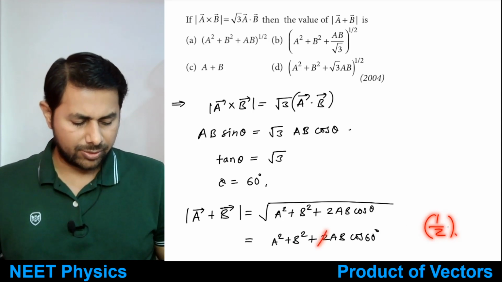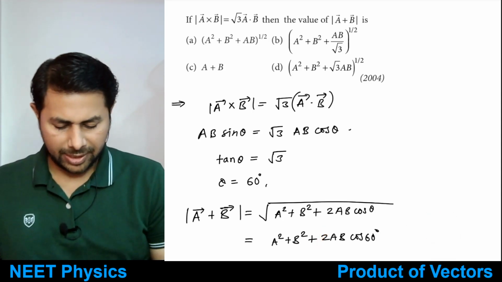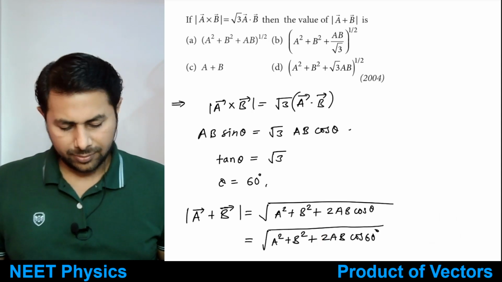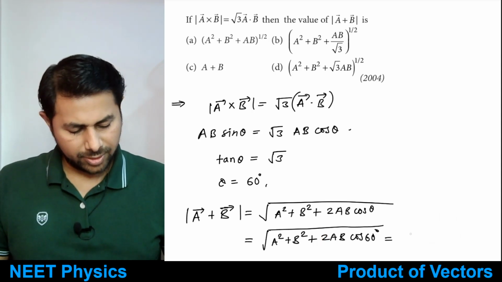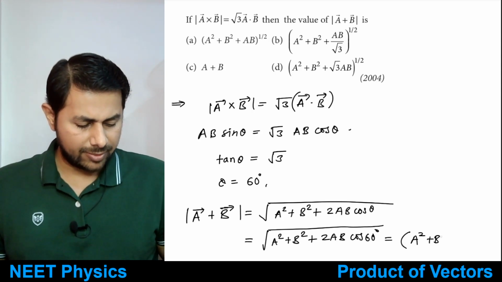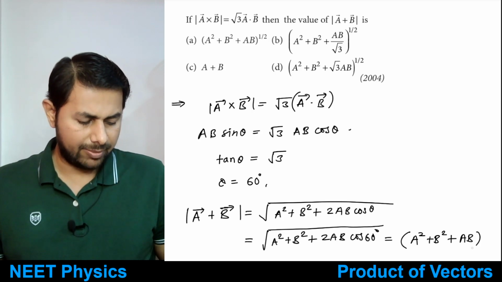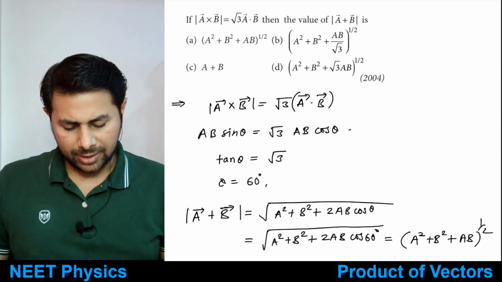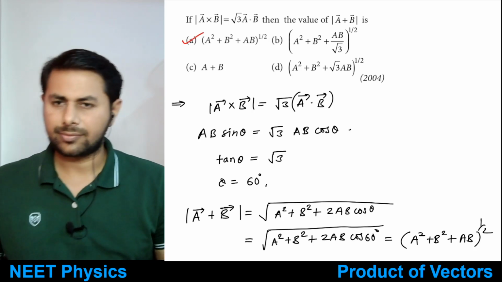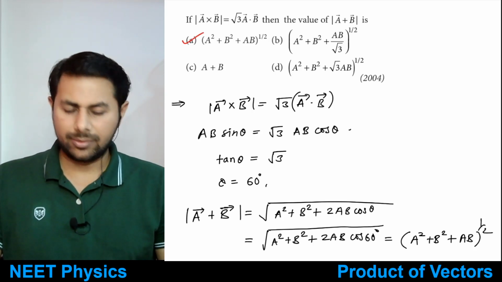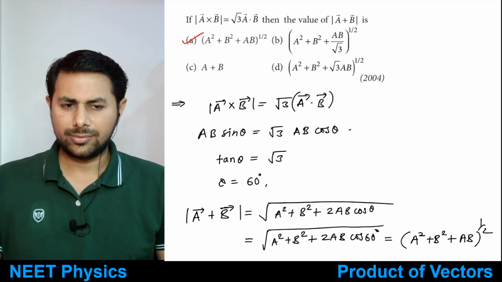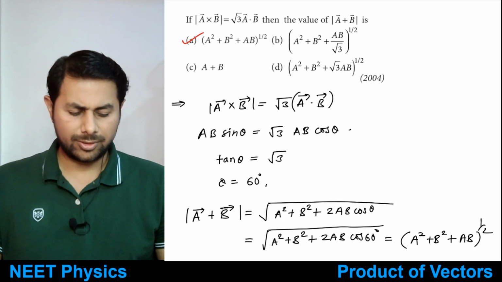So half times 2 is 1. So it's square root of A square plus B square plus AB, or we can say A square plus B square plus AB raised to half. That's the answer. It is option A. Okay, this one is clear. It's all similar, right?